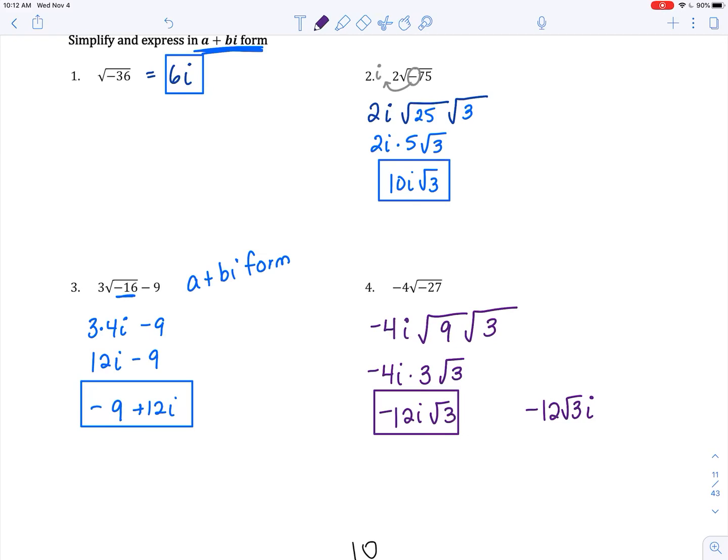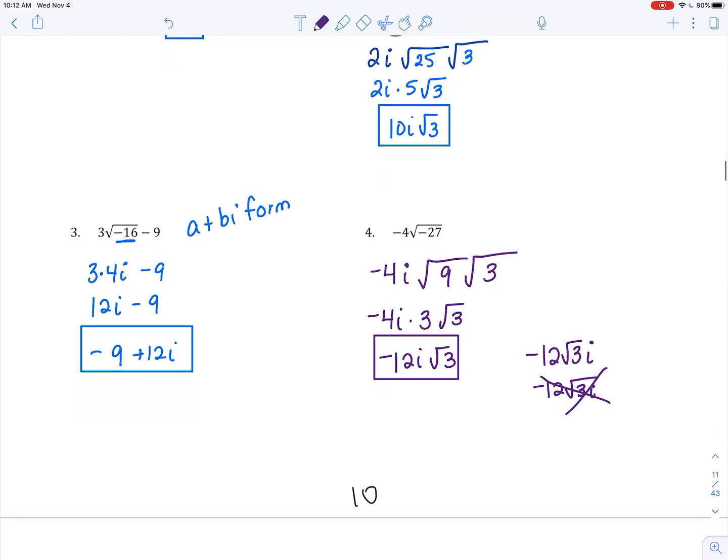The problem is the i should not look like it's under the radical. So I always end up putting the i in the front of the radical so that it doesn't look like it's under the radical, because this is wrong. The i is not under the radical. So if you put the i at the end of the number, it can look like it's in the square root, even though it's not. So that's why we put the i in front. But for number 4, this doesn't apply to a plus bi form because there's only one term. A plus bi form is when there's a part real and a part imaginary of a binomial.